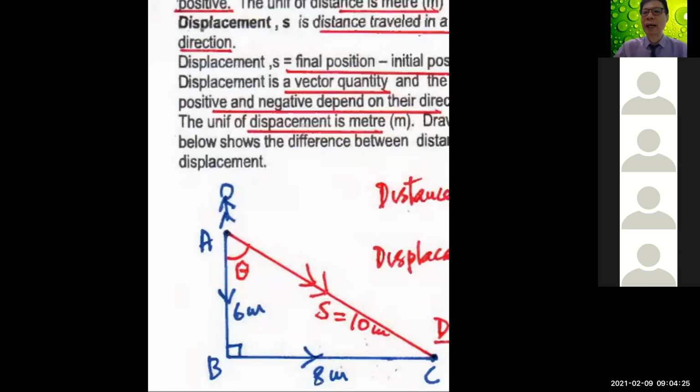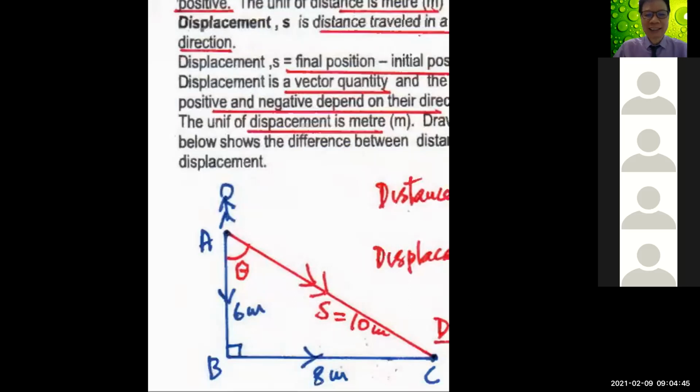Someone sent in an answer already. Cheong Chen-si says distance 14 meters, displacement 10 meters, and the direction is towards C. I'll hold it first.